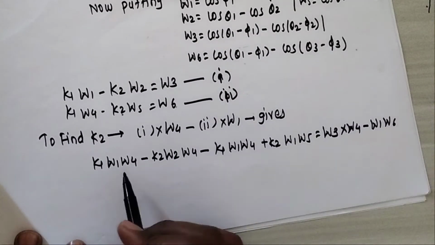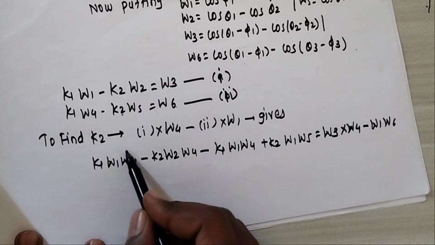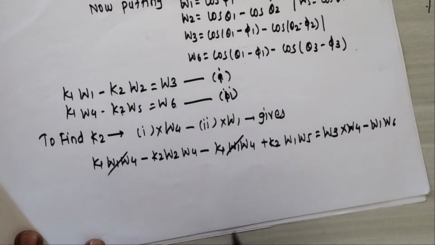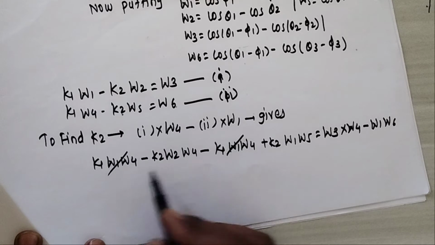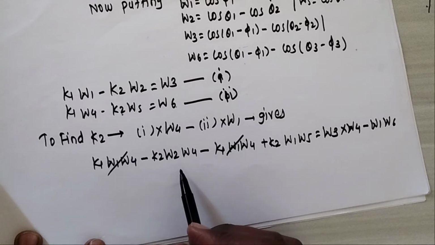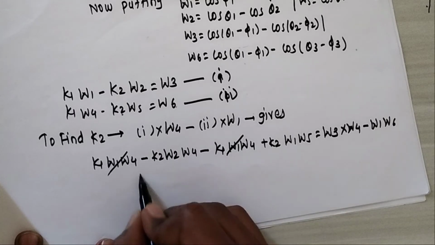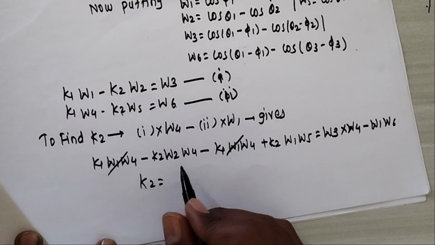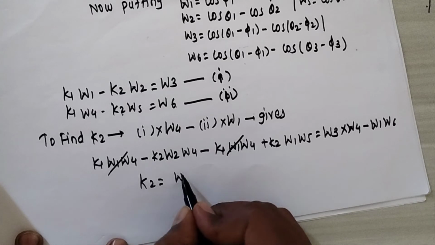So let's try to simplify. What we cancel, what you get here, this gets cancelled as a plus minus term. So by simplifying this, we can check what we can take common here. If I take K2 common from this side, our equation is K2 is equal to, just you can simplify and we observe here, it is W3 into W4.